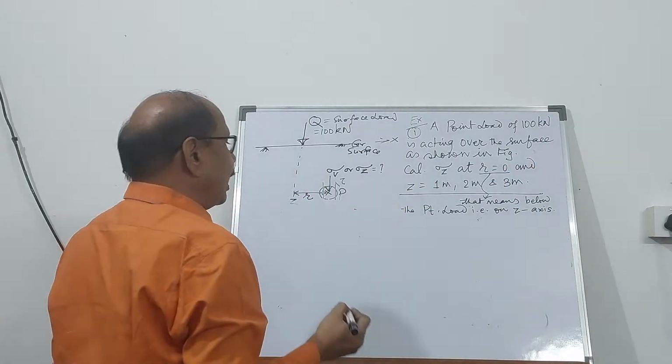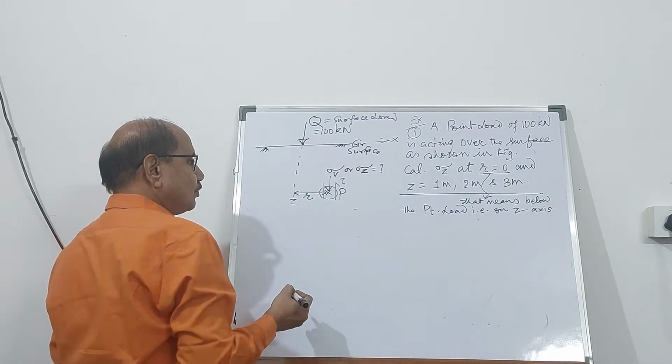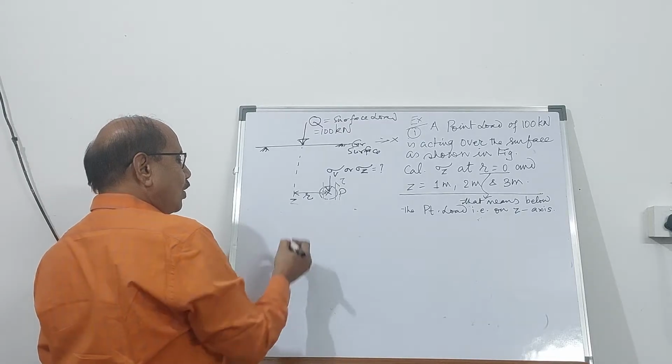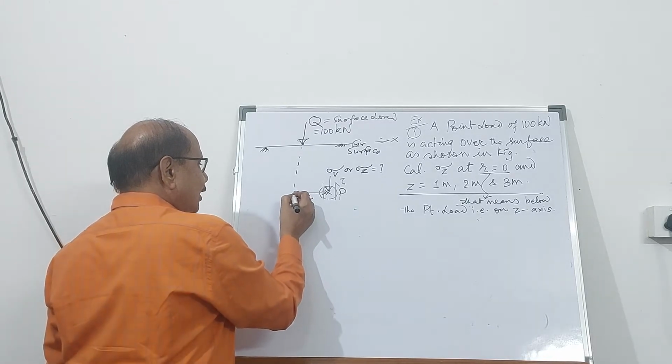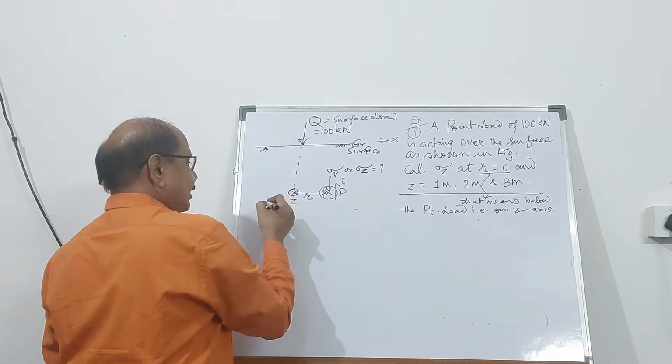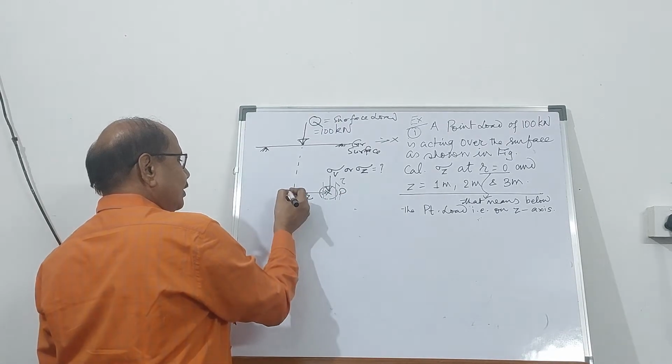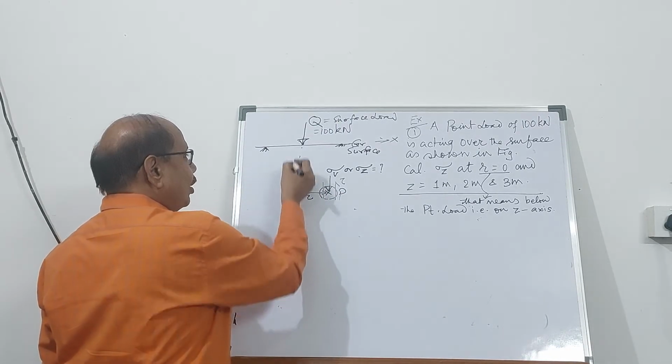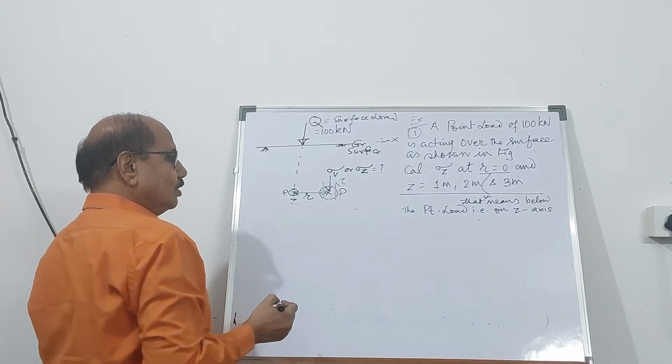That is the meaning of R equal to 0. So for R equal to 0, the point will be somewhere here. So my point P will be on the Z axis.